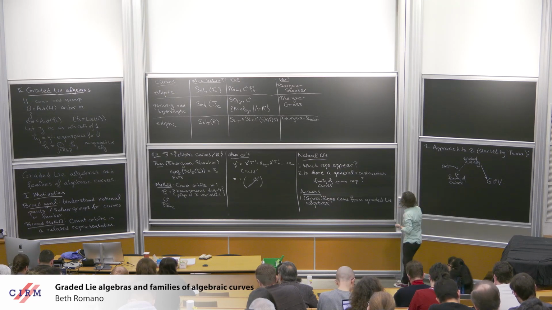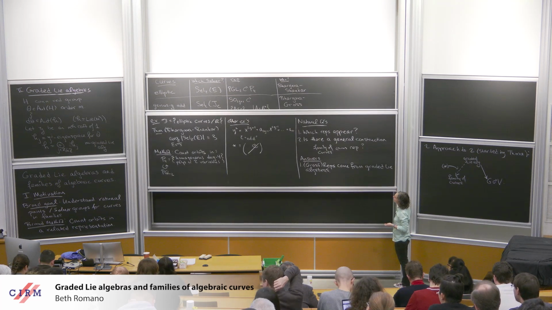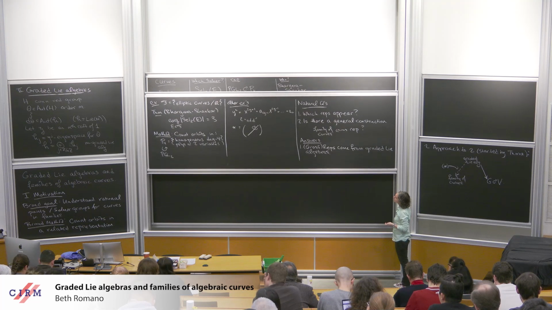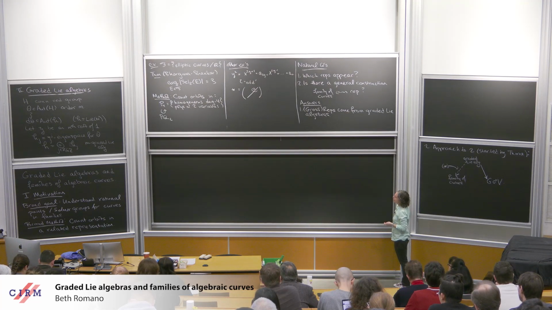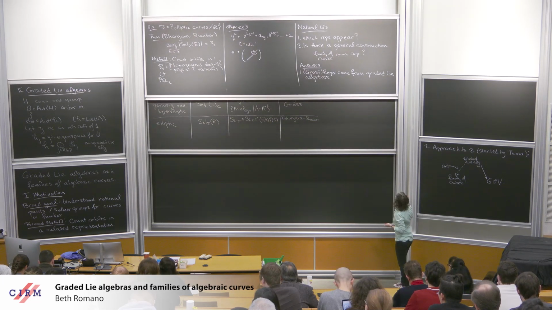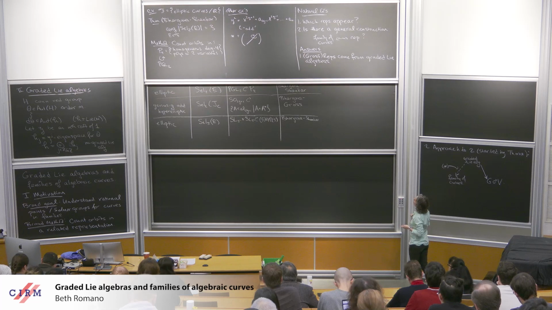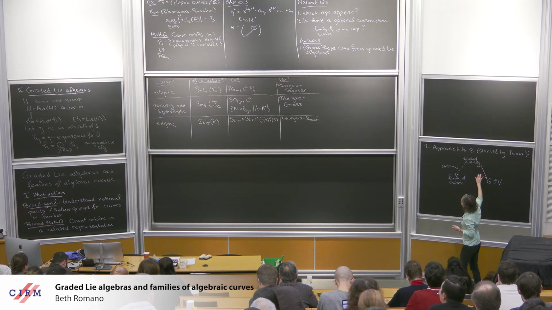Okay, so this is how we're getting our graded Lie algebras. How do you get the representation? How do we get this arrow?